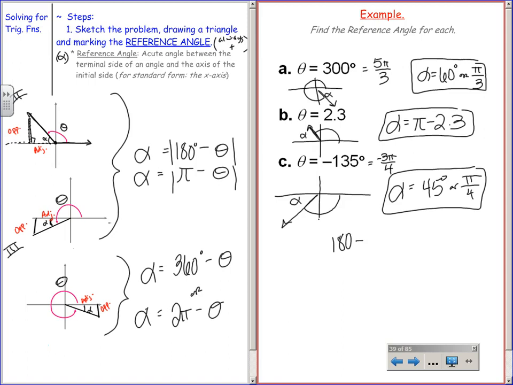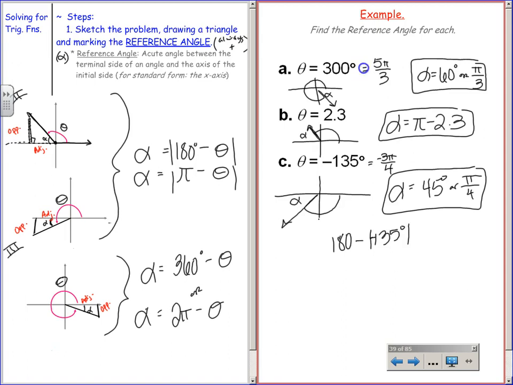That's way too big. I don't want negative 180 minus 135. That's not a good idea. But I could do 180 minus the absolute value of 135. And that would work. Basically, I just want to figure out what's in between.